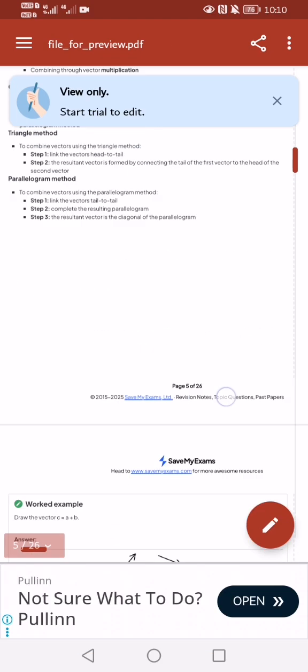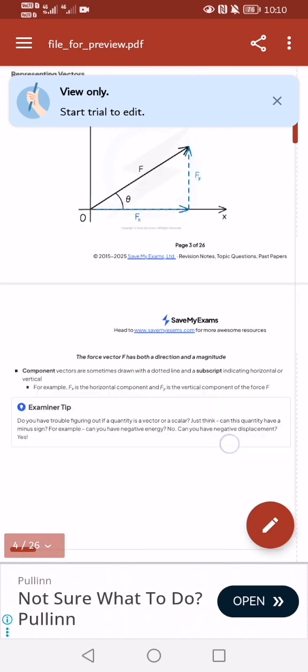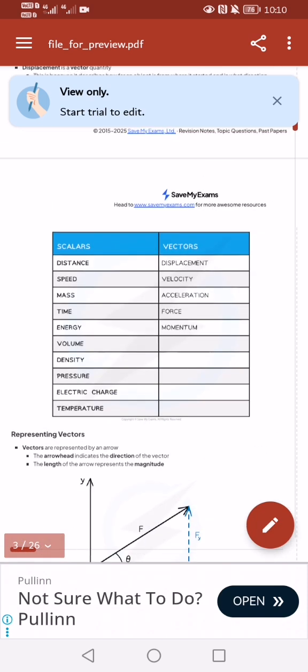All right, here they are. Scalar examples: distance, speed, mass, time, energy, volume, density, pressure, electric charge, temperature. Then vectors: displacement, velocity, acceleration, force, momentum. Those are the vectors.